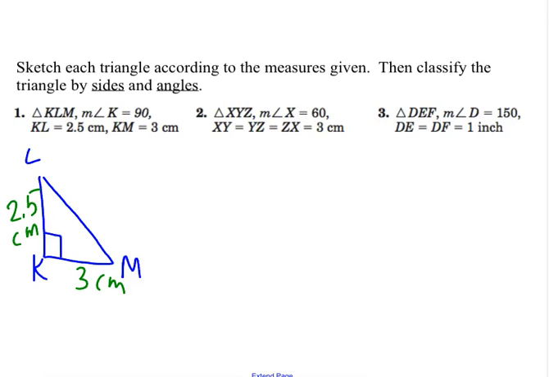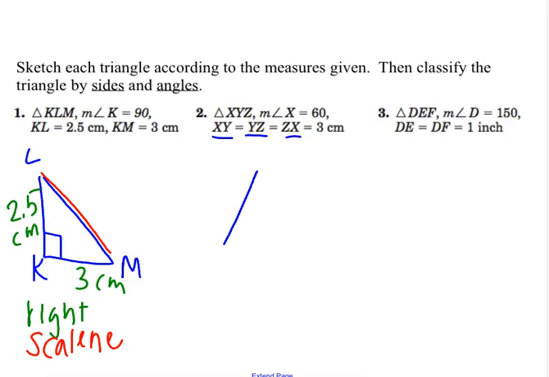So I know I have a right triangle, and I have the classified sides. Well, I know in a right triangle, my hypotenuse is always the longest length, so then I'm going to have 3 different sides, meaning it is scalene.